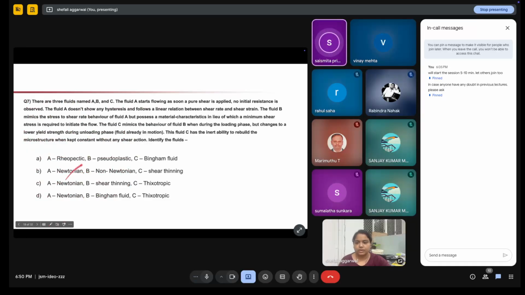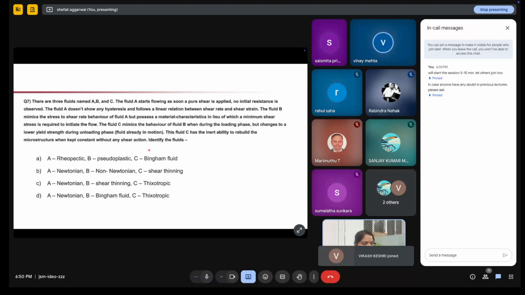Okay. So there are 3 fluids named A, B and C. The fluid A starts flowing as soon as pure shear is applied. No initial resistance is observed. Fluid A doesn't show any hysteresis and follows a linear relationship between shear rate and shear strain. Then fluid B mimics the stress to shear rate behavior of fluid A but possesses a material characteristic in lieu of which a minimum shear stress is required to initiate the flow.